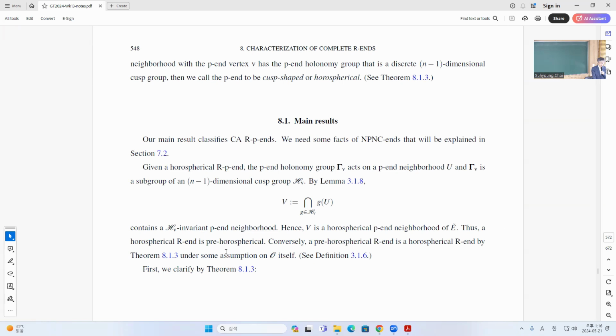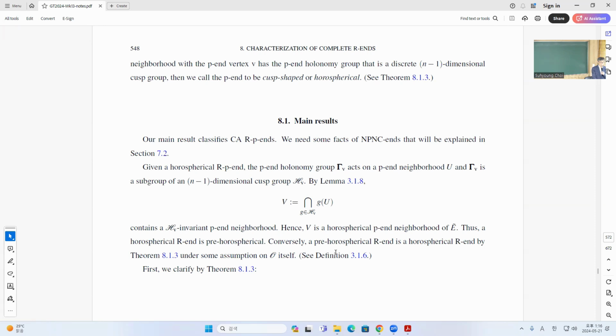Actually, horospherical ends are pre-horospherical. By pre-horospherical we mean that every direction is in the half space it meets. This is something that we defined earlier. There's some ball, and then inside the T orb with the boundary, only the vertex is removed, and that forms the end neighborhood.